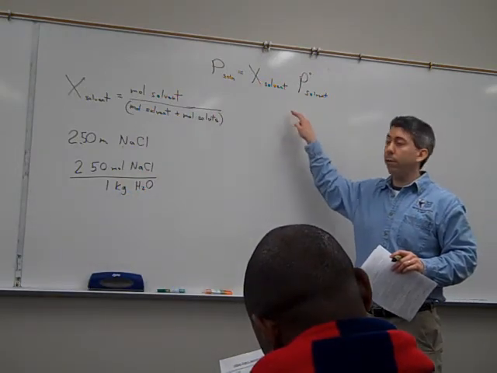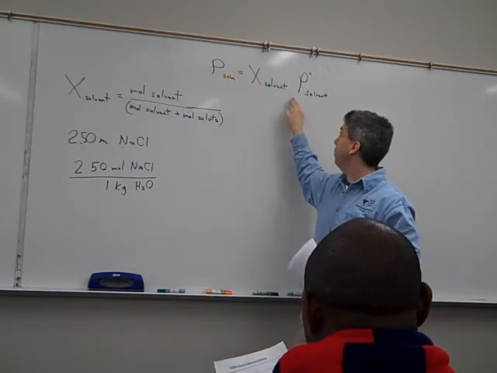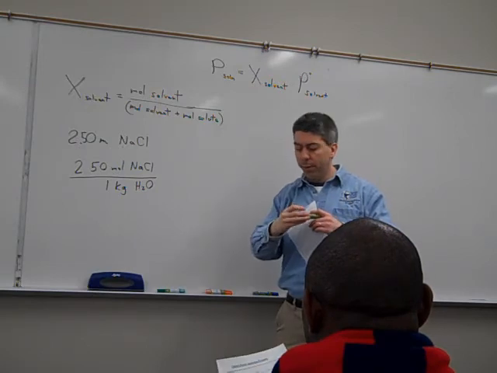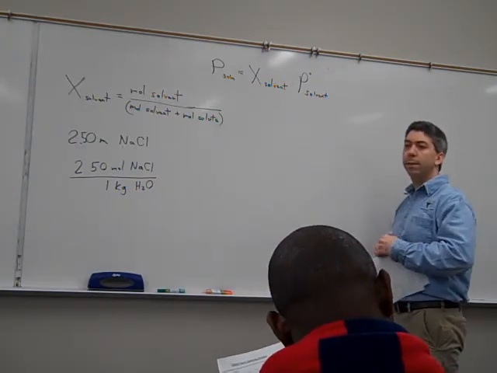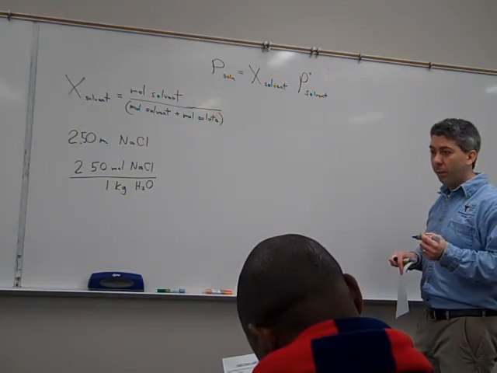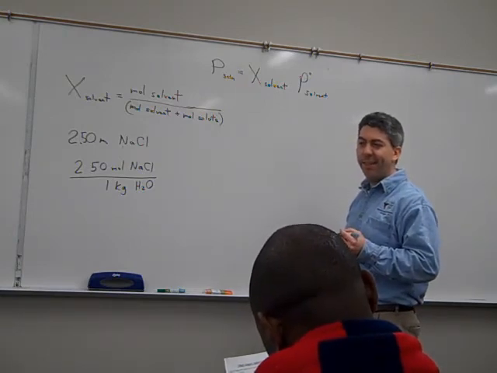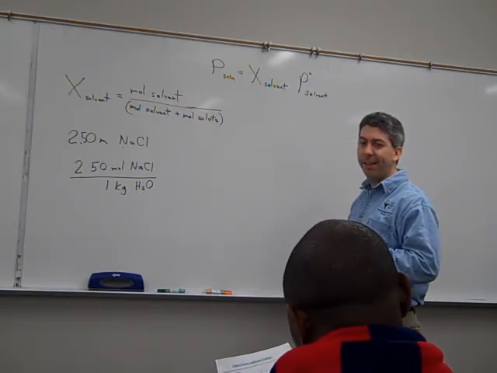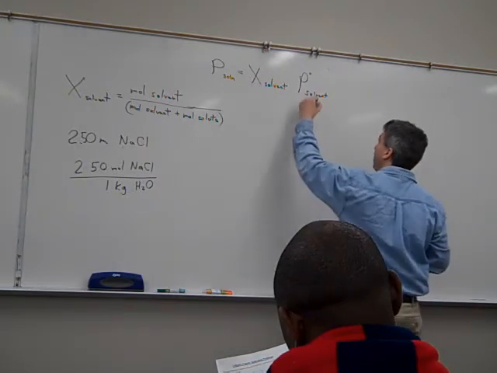So if I want to find the pressure of the solution, I need to first find the mole fraction, right? Because it gives me the pressure of the pure solvent, doesn't it? What's the pressure of the pure solvent in this case? 23.77.